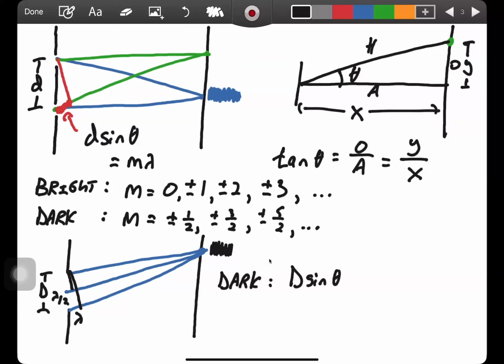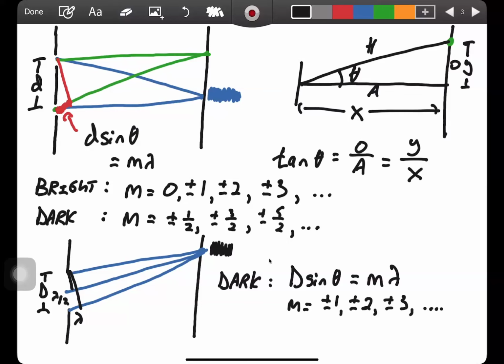So for the dark region, in the example I showed you, the path length difference between the top and the bottom when I broke the light into mini wavelets is going to be equal to m lambda, where m is going to be equal to plus or minus 1, plus or minus 2, plus or minus 3, and out to infinity.